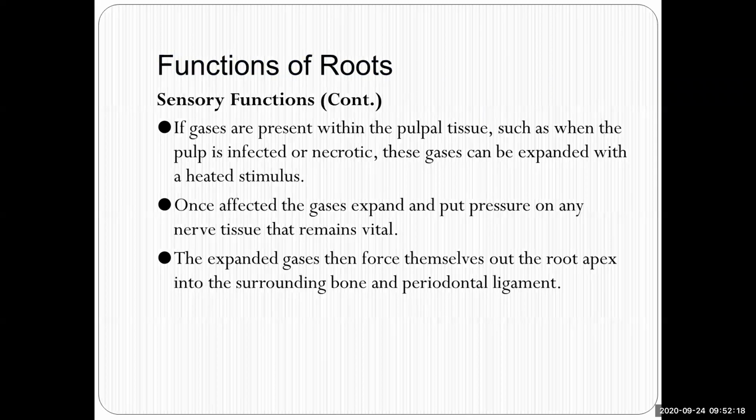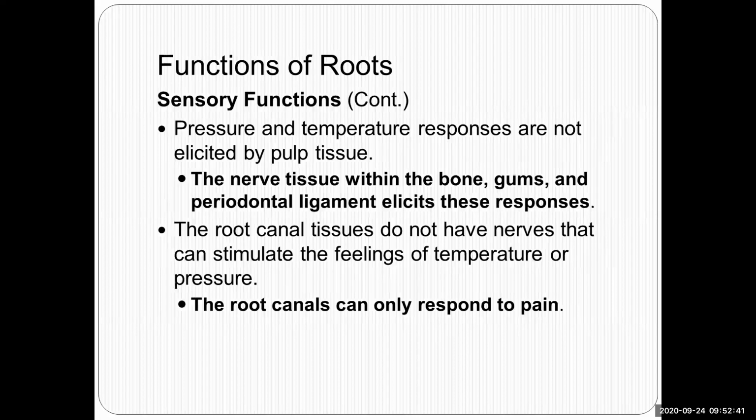So once affected, the gases expand, they put pressure on both sides of the nerve tissue that remain vital. Those expanded gases then force themselves out of the root apex into the surrounding bone and periodontal ligament. Because your tooth isn't going to expand, the gas has to go someplace, right? So it's going to go out.